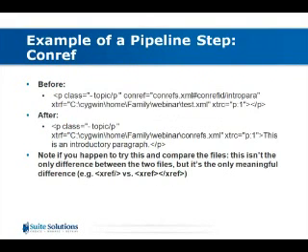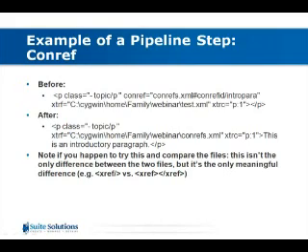So I'll give an example of one step in the pipeline. This is an example of the particular paragraph in that sample DITA topic that we were looking at before. So before the Conref step, we can see that a whole bunch of changes have already been made.